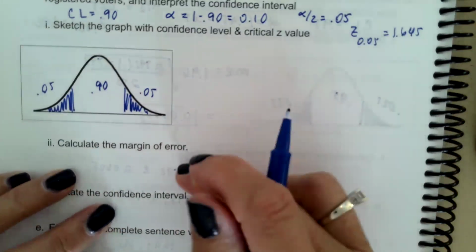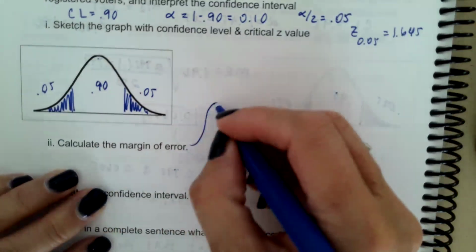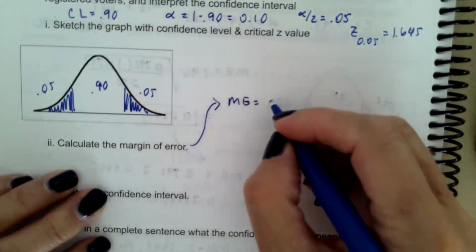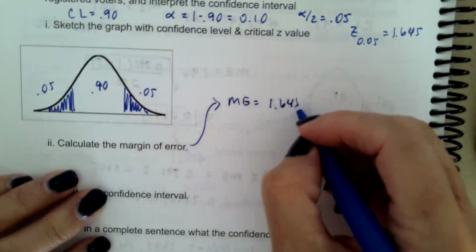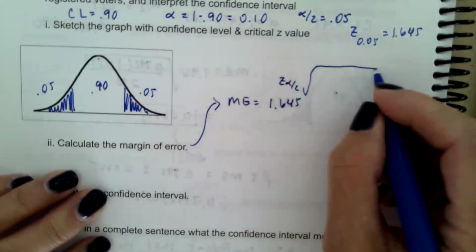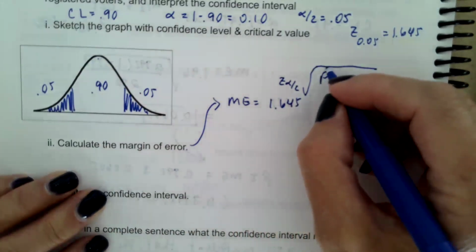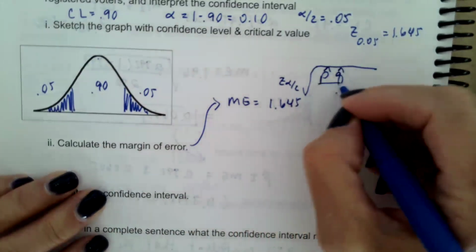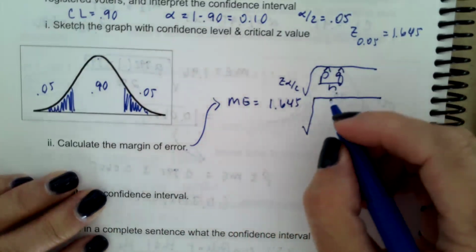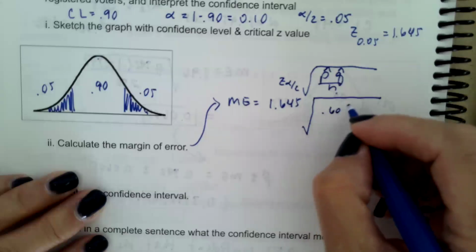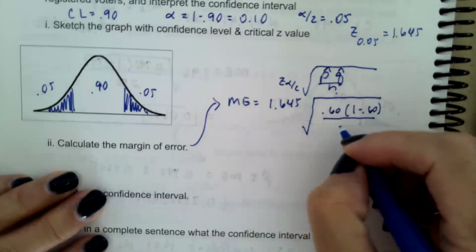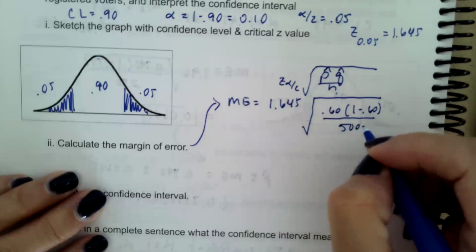And our calculation of our margin of error is 1.645, the Z of alpha divided by 2 times the square root of P hat times Q hat divided by N. So in our case, the P hat is 0.6. Q hat is just 1 minus 0.6, all divided by N, which is 500.